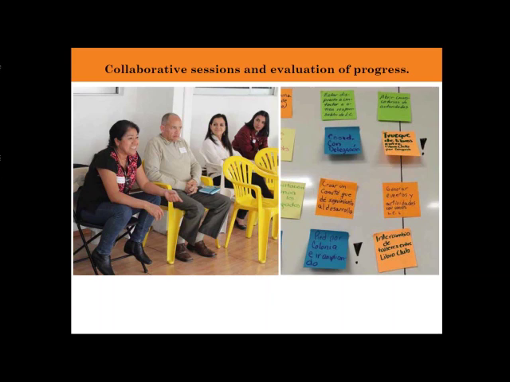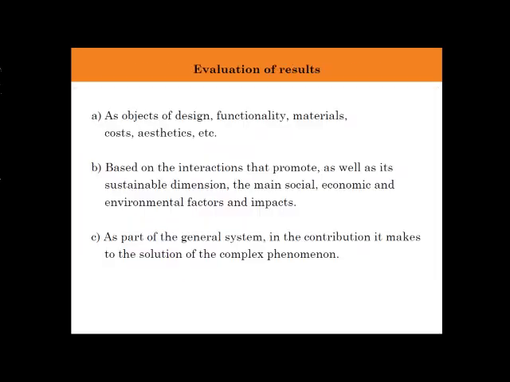For example, some of the things we focused on to evaluate the results were not only related to the design objects, for example, functionality, materials, cost, aesthetics, but also we had to evaluate, for example, the interactions that they promote, as well as their sustainable dimension, the main social, economic, and environmental factors and impacts.